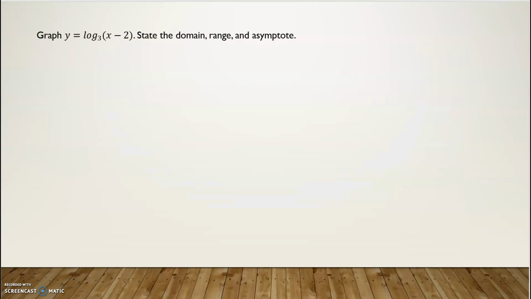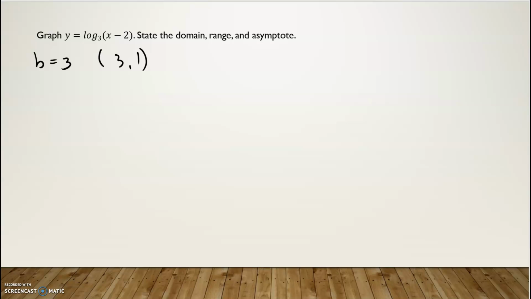We're going to graph y is equal to log of base 3, x minus 2, and state the domain, the range, and the asymptote. Okay, so my base is 3. So we're going to have the point 3, 1. But that is the point for when you have not had any transformations.